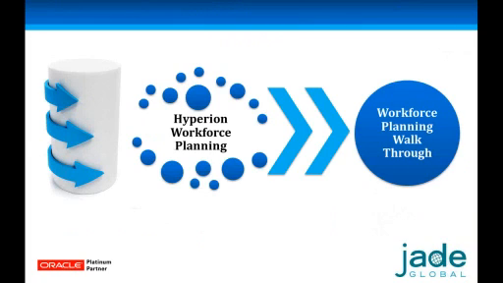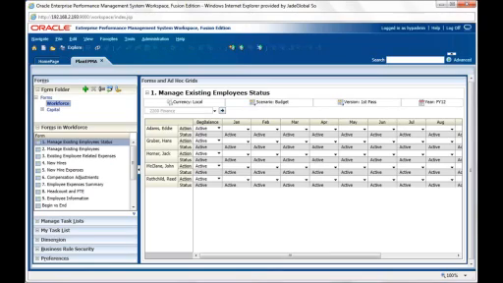So let's move on to the walkthrough of the current version. And especially if you do have a custom solution, you'll get to compare and contrast some of the out-of-the-box forms and data navigation of what you would have if you had workforce planning. So here it is. This is version 11.1.2.2. And again, this is the user experience.